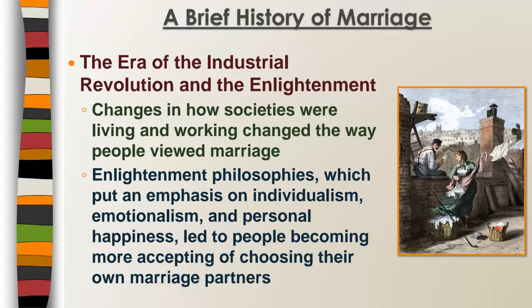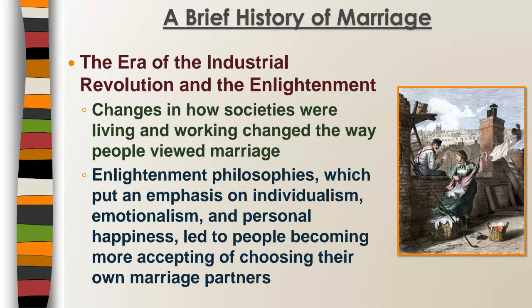Changes during that time really affected our societies, which we've already talked about in earlier chapters, but in particular, even marriage and the way we viewed families, and the importance of love and that idea of romantic love became more and more mainstream.